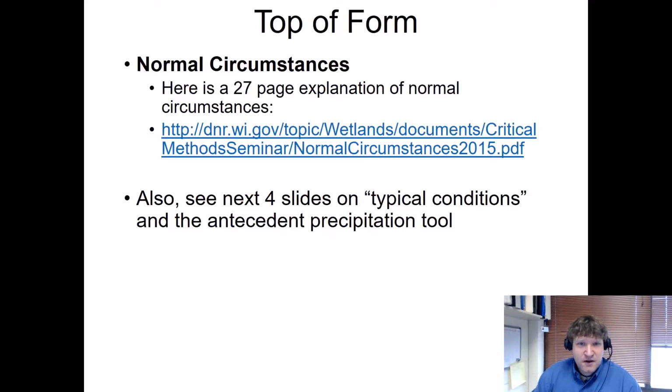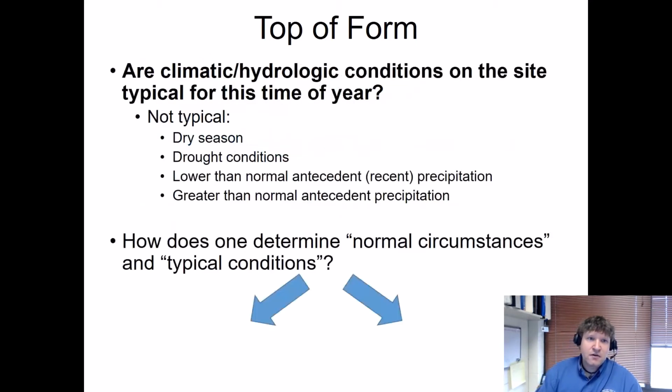I do have a link here for a sort of presentation that explains what is meant by normal circumstances and how you can evaluate that and answer that question. But as I said, this does tie into the question of are climatic and hydrologic conditions on the site typical for the time of year?